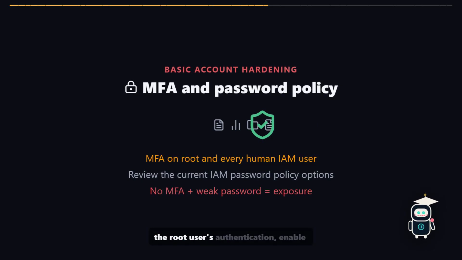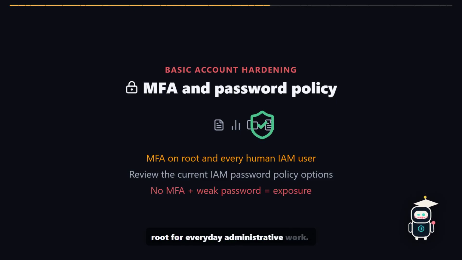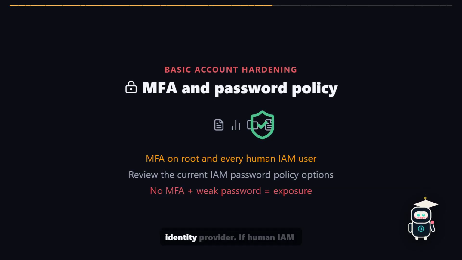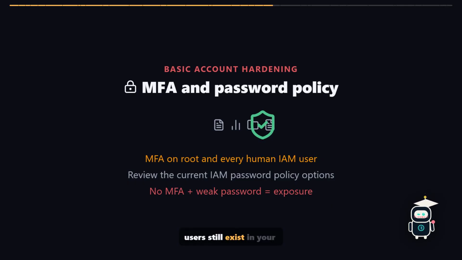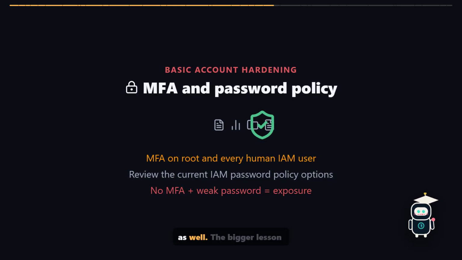Secure the root user's authentication, enable MFA using the options AWS currently supports, and don't use root for everyday administrative work. For normal workforce access, evaluate centralized access through AWS IAM Identity Center and your organization's identity provider. If human IAM users still exist in your environment, protect those identities appropriately as well.